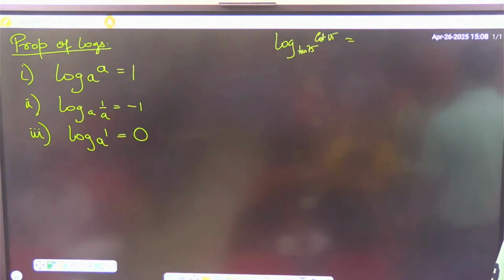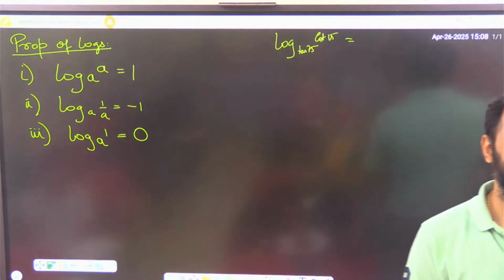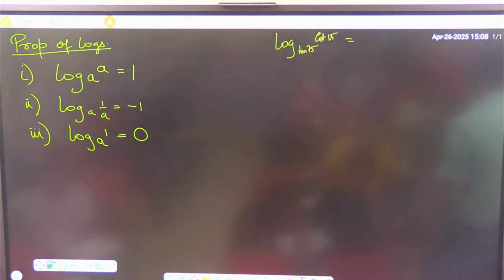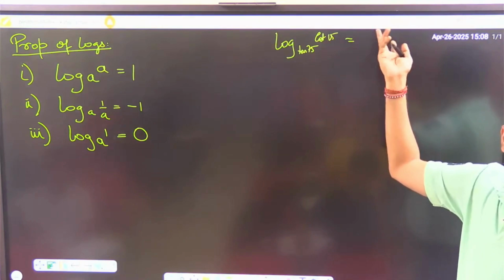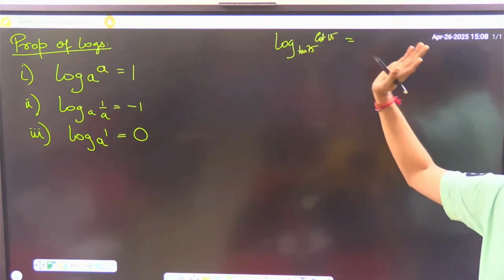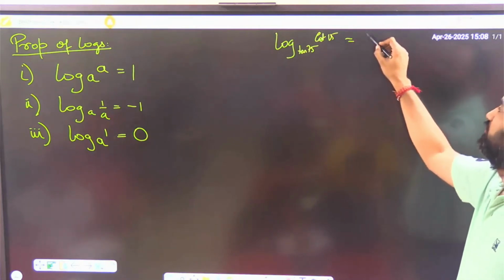Minus 1? Can we write cot 15 as tan of pi by 2 minus 15, that is, tan 75? Log of tan 75 to the base tan 75 is 1.